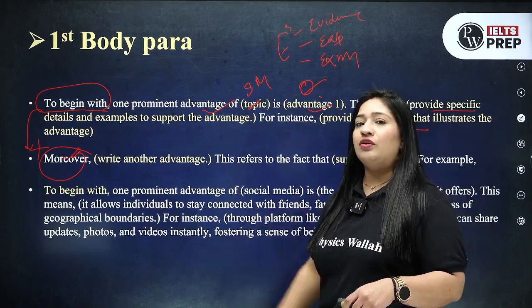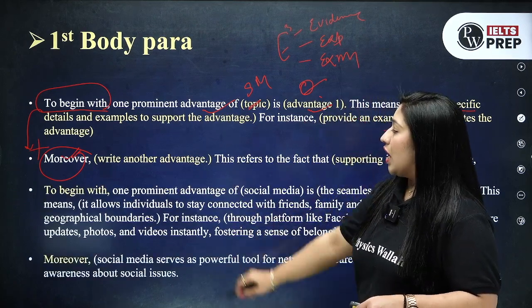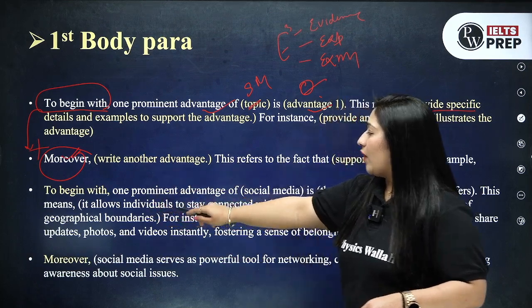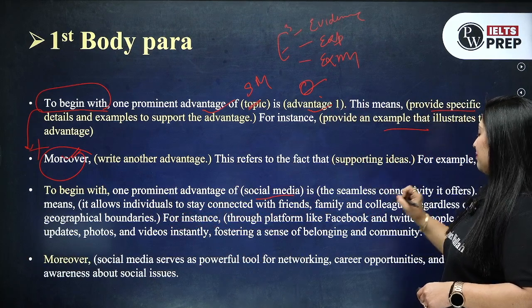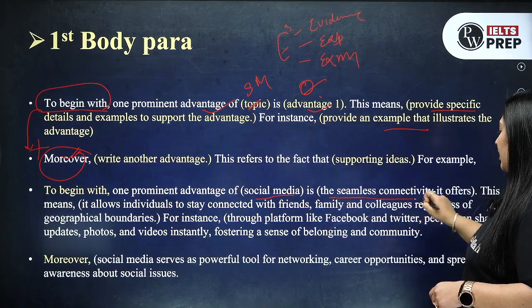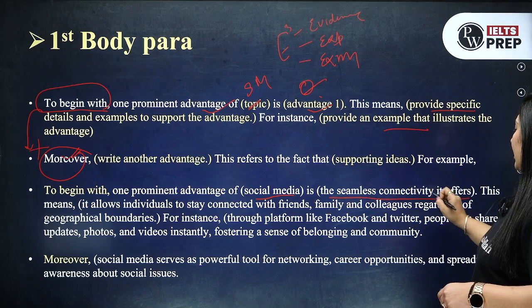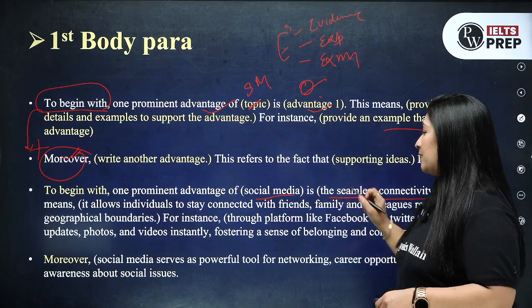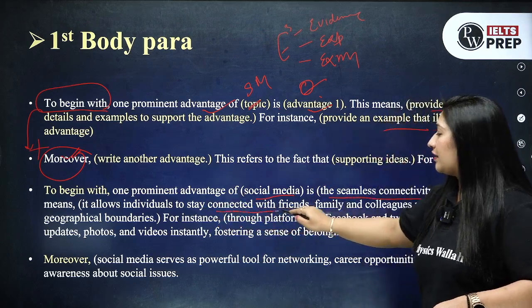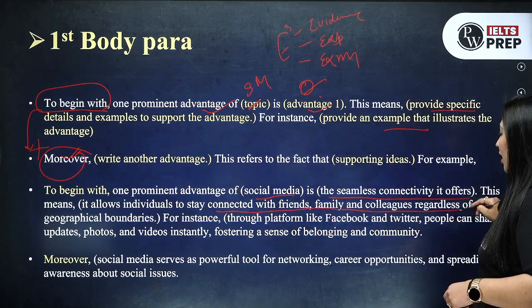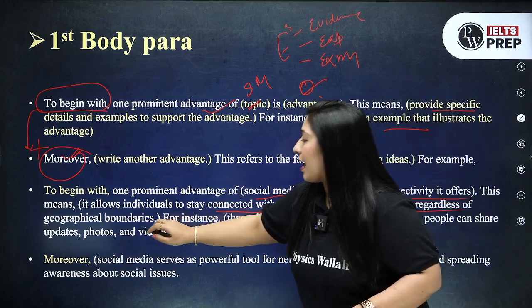So let's see how the paragraph will look here. To begin with, one prominent advantage of social media is the seamless connectivity. So see, the very first advantage I'm giving, the seamless connectivity it offers. Now I'm explaining that. It allows individuals to stay connected with friends, family and colleagues regardless of geographical boundaries.